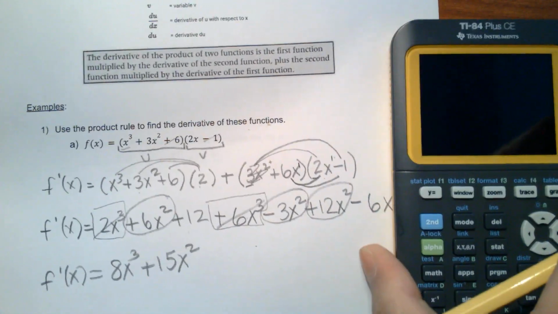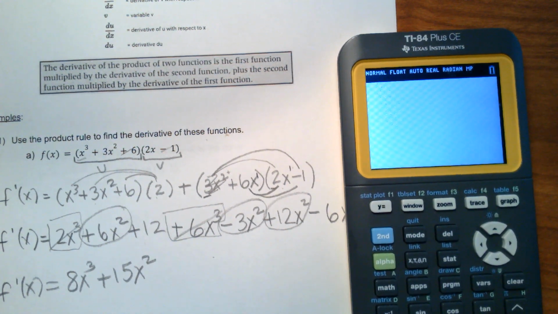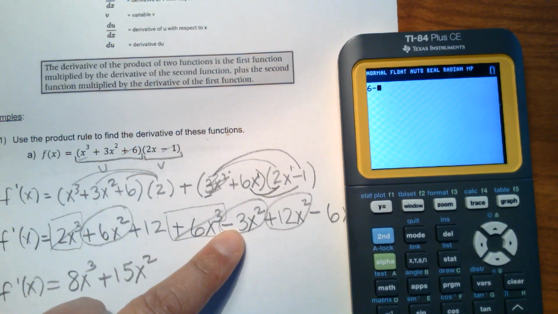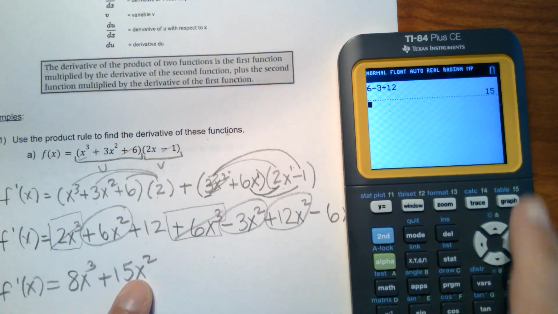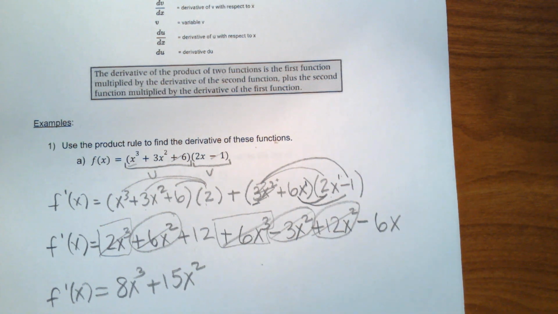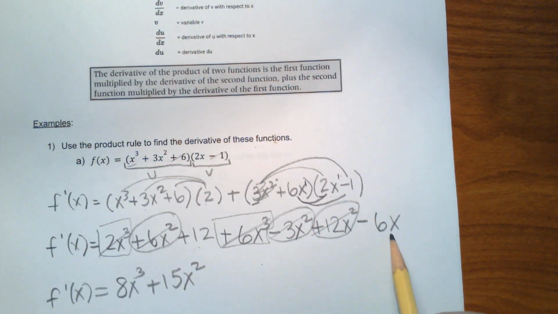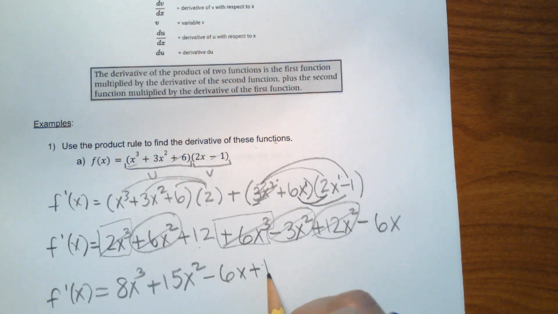All I did in my calculator was 6 minus 3 plus 12, and I get 15. That's it. And then don't forget to bring down your x squared. So all those are out. And then I have a 12 and a minus 6x. They are not alike, so we just bring them down.